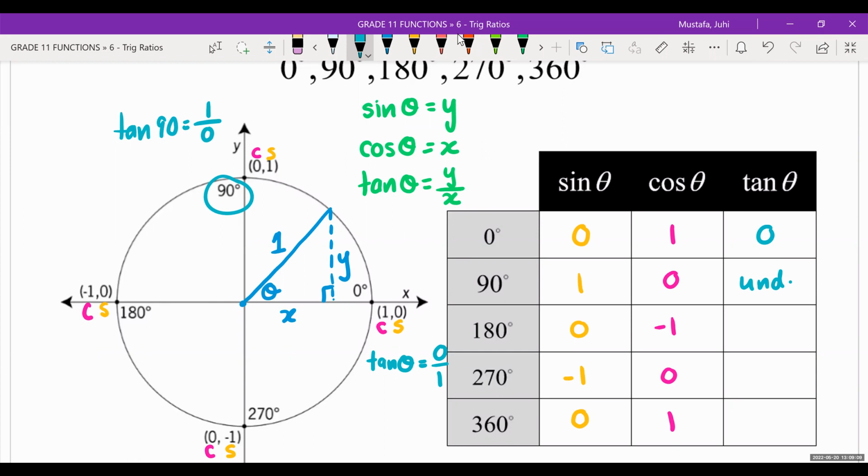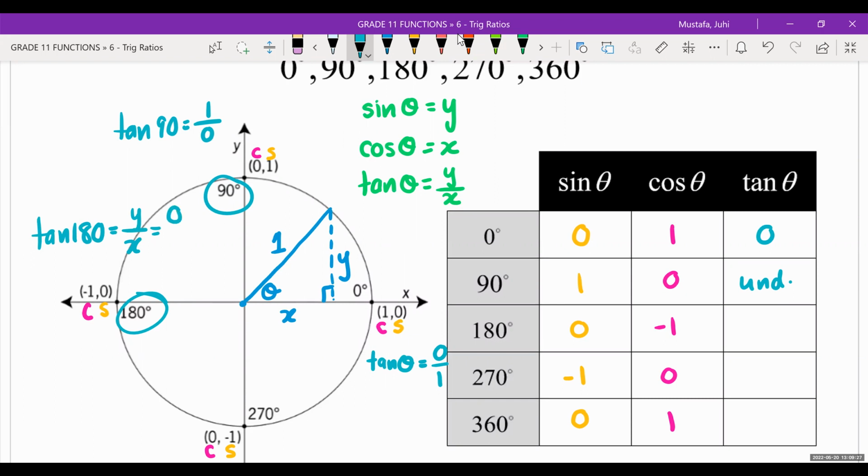You know when this will make a lot of sense? When we actually get to graphing. The next unit is graphing sine and cos, and we don't really graph tan, but I will show it to you, and then you'll see why it's undefined. Okay, let's go to 180. Remember, tan of any number is the y value divided by the x value.